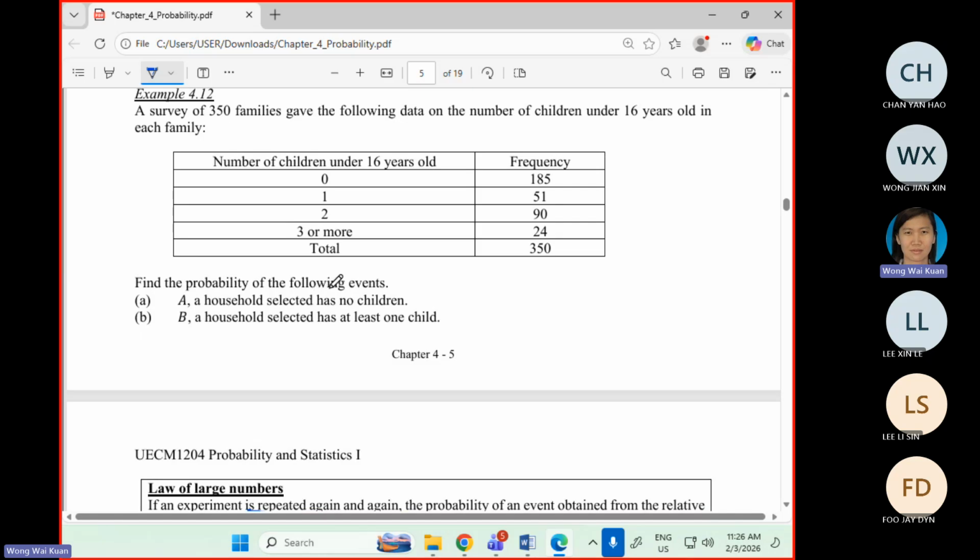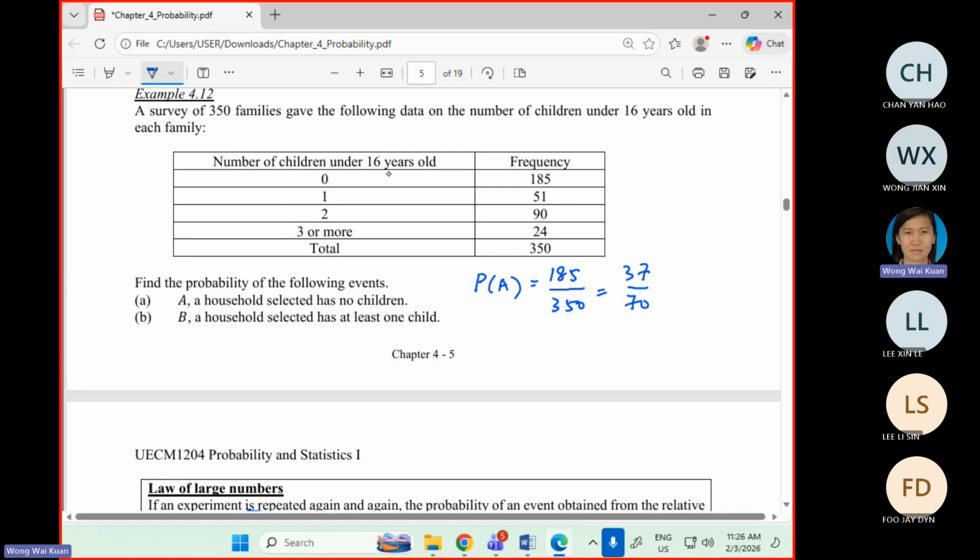Now find the probability of A, that a household selected has no children. So that is 185 divided by 350, right? So that is 37 over 70.